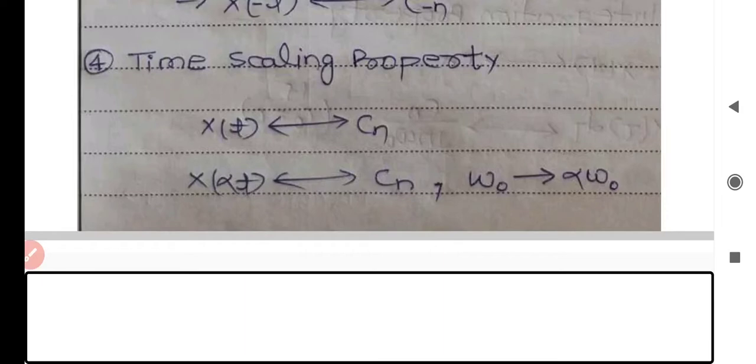In the previous lecture, we have seen some basic properties of the Fourier series like time shifting, linearity, time reversal and time scaling.